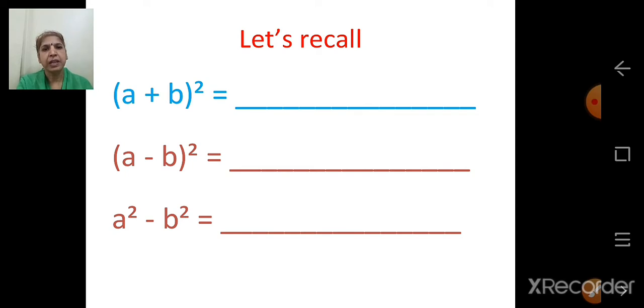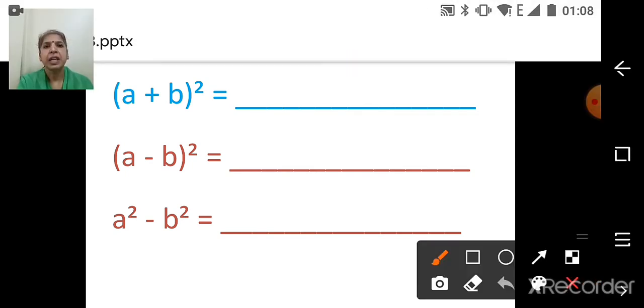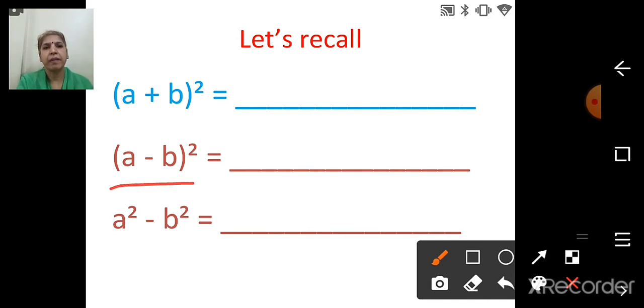Right? Now the second formula is A minus B the whole square. The answer is A square minus 2AB plus B square. So the difference is of sign. In both these formulas the terms are the same, the difference is of sign.